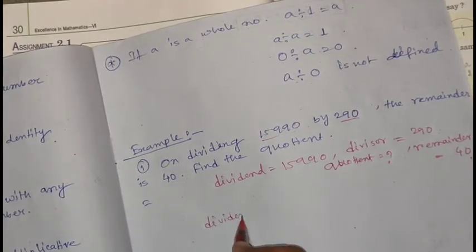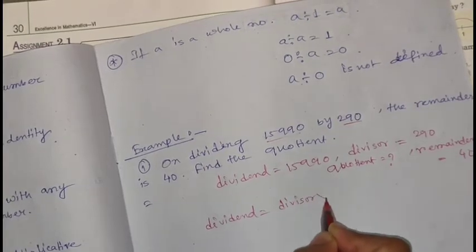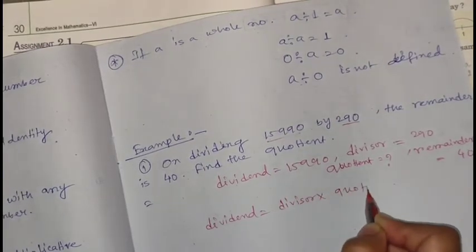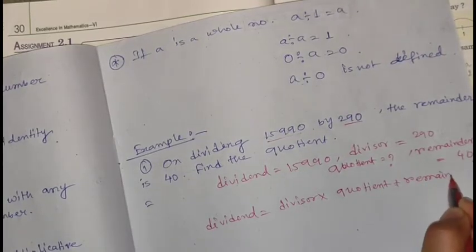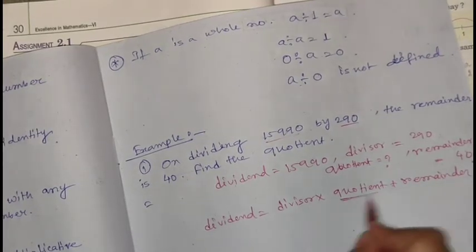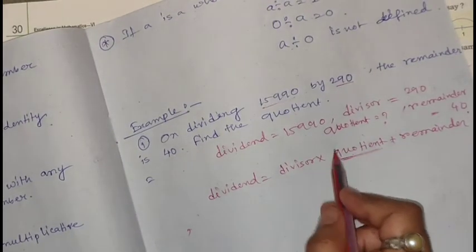So you need to write the relation at first. Dividend equals divisor into quotient plus remainder. Here we need to find the quotient.